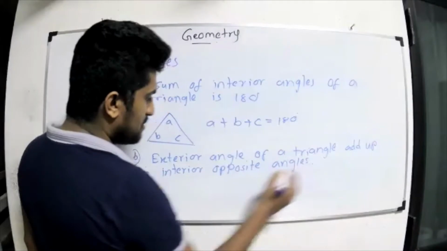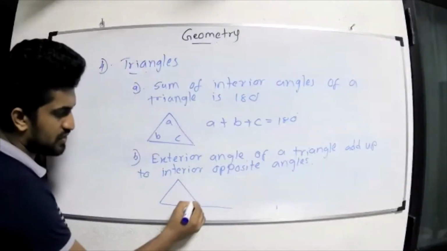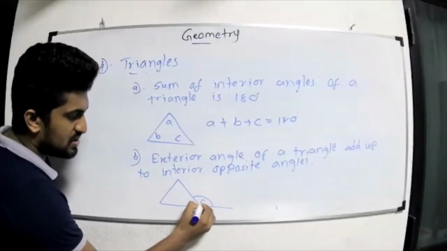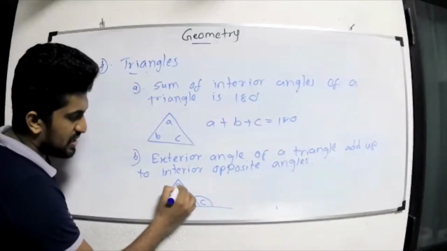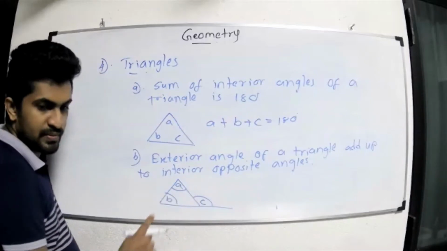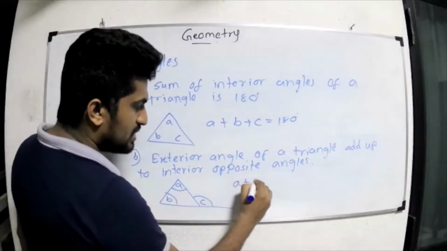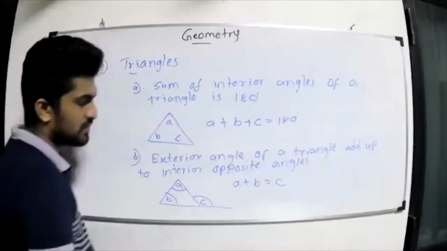That means if this is a triangle, if this is an exterior angle C, if this is A, if this is B, you can write A plus B equals C.